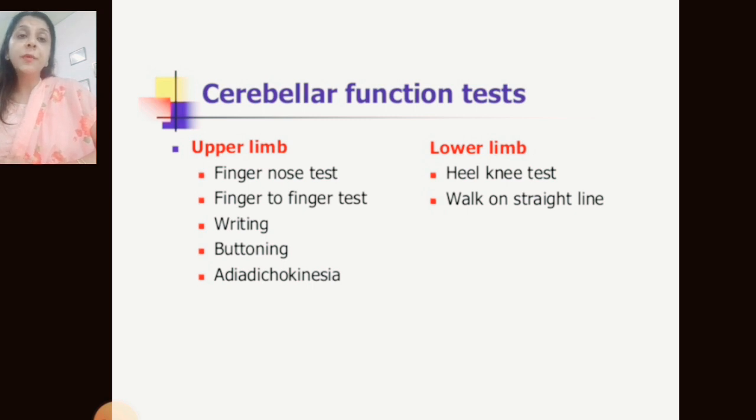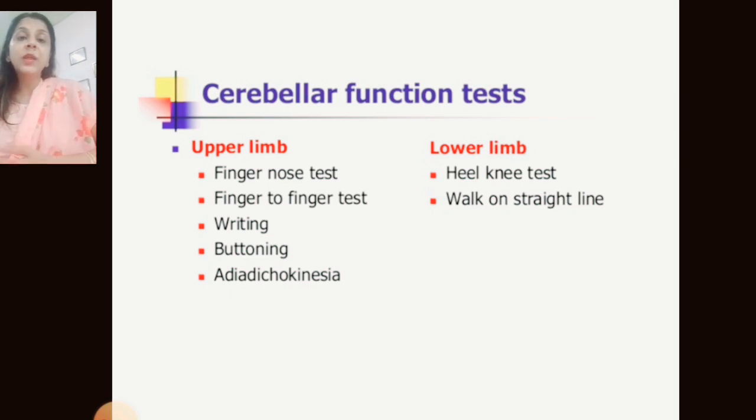So today's topic of discussion is the cerebellar function test: how we recognize the function of the cerebellum and which tests we perform to assess cerebellar pathology. We have upper limb incoordination as well as lower limb incoordination in cerebellar dysfunction. In the upper limb, we have different tests like the finger to nose test, finger to finger test, and therapist's finger to patient's finger test.